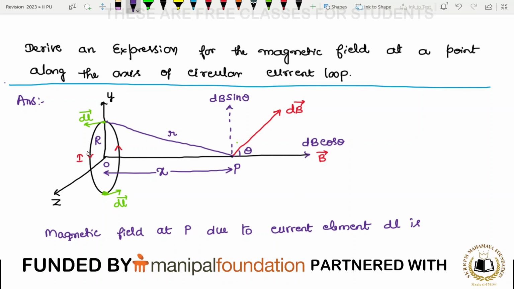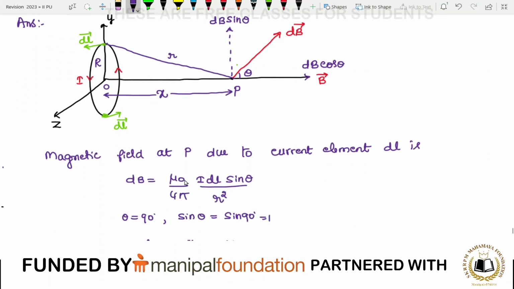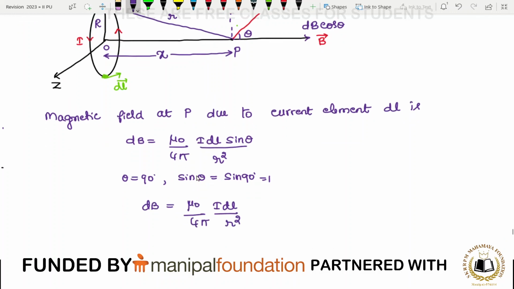We select two diametrically opposite current elements dl, which are kept at distance small r from this point P. What is the magnetic field at point P due to this current element dl? That is dB equal to mu naught by 4 pi, I dl sine theta by r square. What is the value of theta? Theta is 90 degree. Theta is the angle between this dl vector and this r vector. Sine 90 is 1, so it becomes mu naught by 4 pi, I dl by r square.